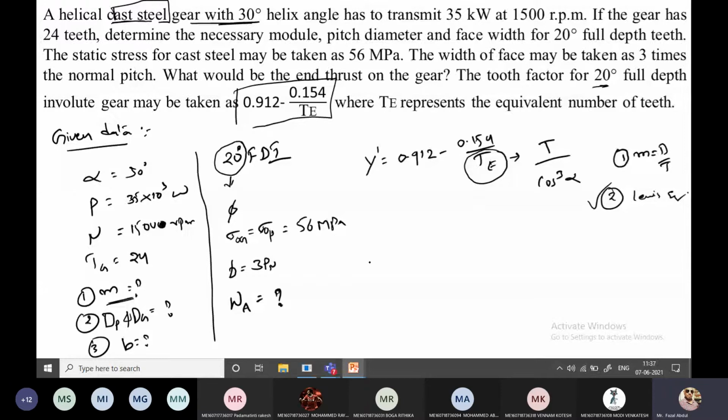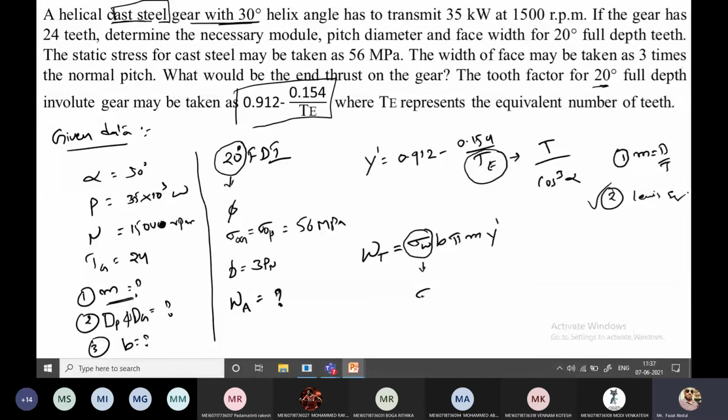Now see here, the Lewis equation: tangential load acting on the gear, Wt, equals permissible working stress into B into pi into m into y dash. This is the Lewis equation. Now, is the working stress given?